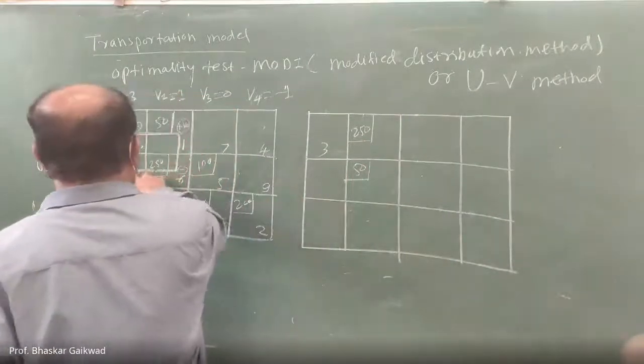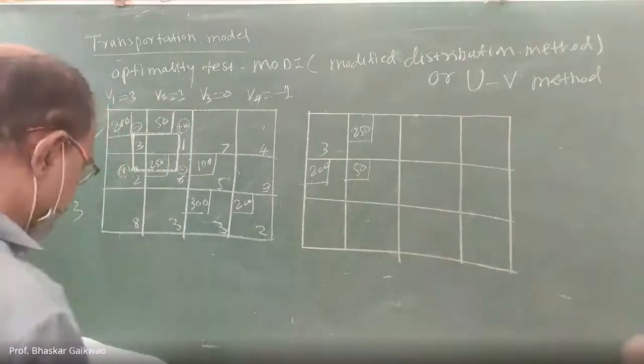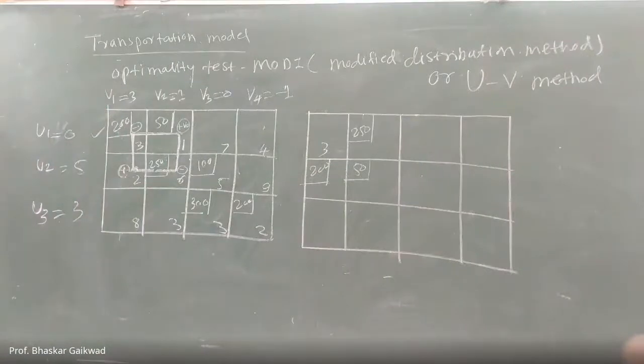And here it is 200. Correct. Remaining things you have to write as it is.